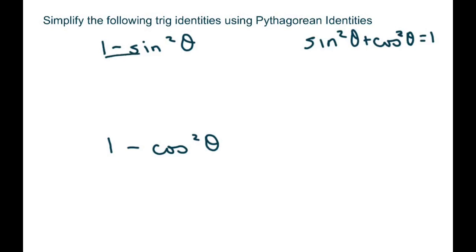And this is just going to equal cosine squared, because all I'm doing is subtracting sine squared from both sides. And then similarly, you can subtract cosine squared from both sides, and you're going to get sine squared.